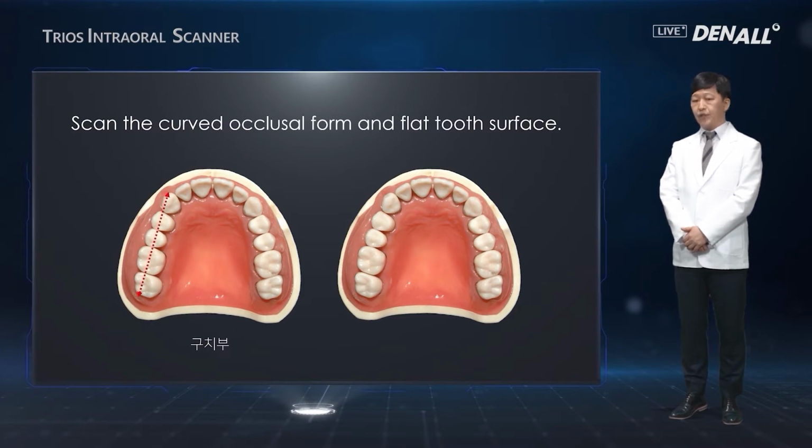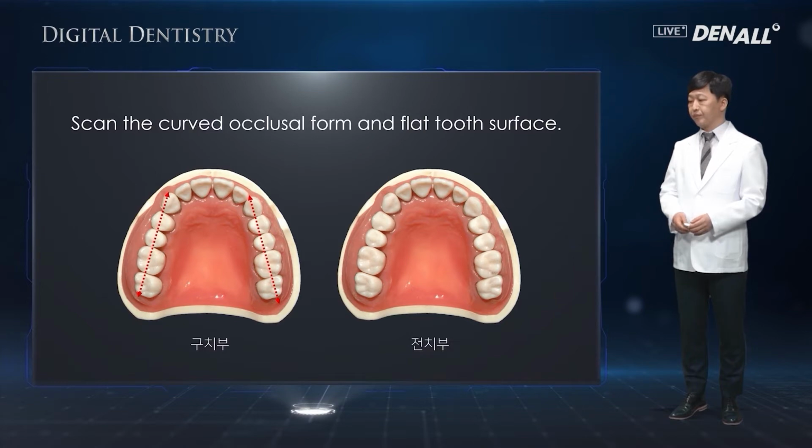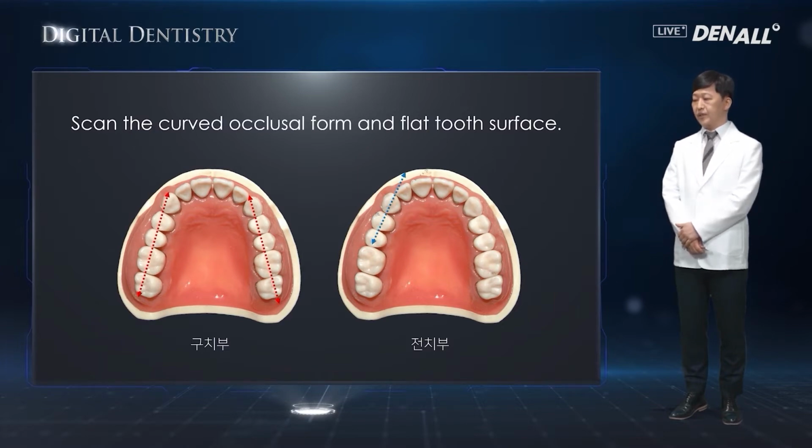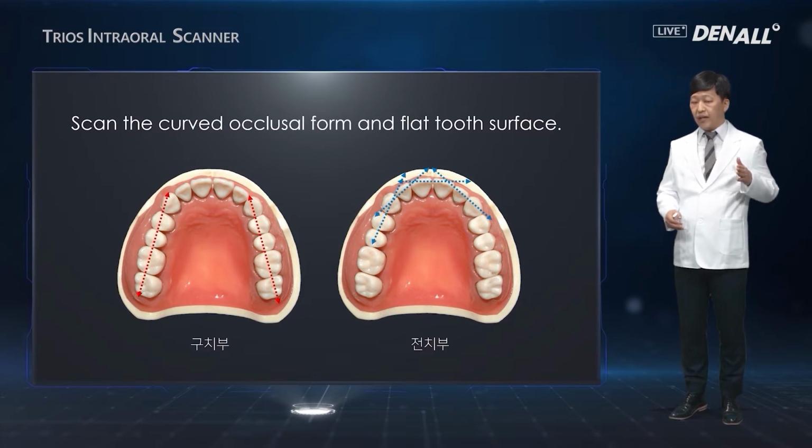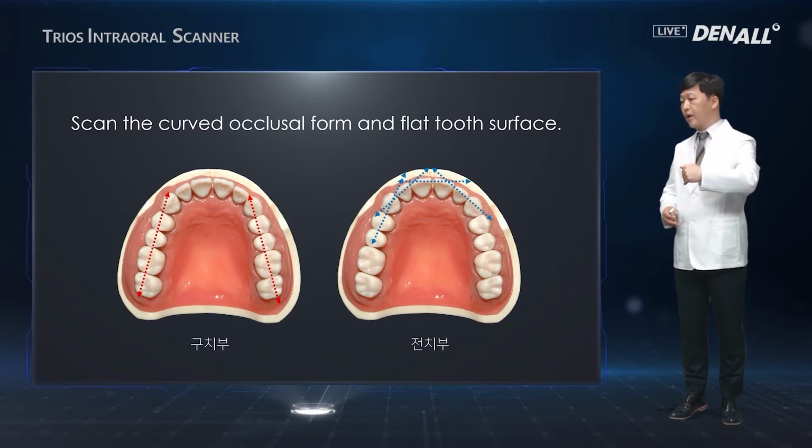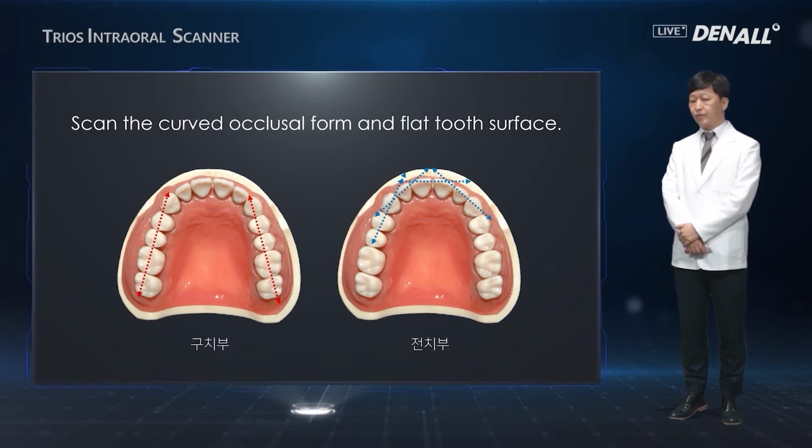Posterior and anterior regions are different from each other in many aspects. In the posterior region, the occlusal plane is straight. However, in the anterior region, there is curvature. So in the posterior region, you can scan in one direction, whereas in the anterior region, you need to change the angle of the scanning continuously.